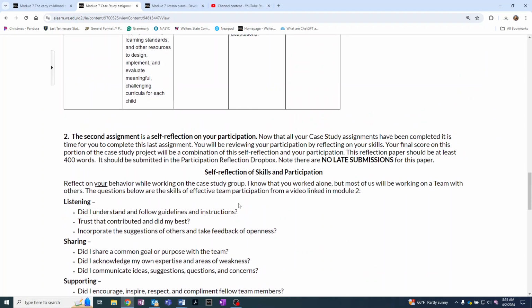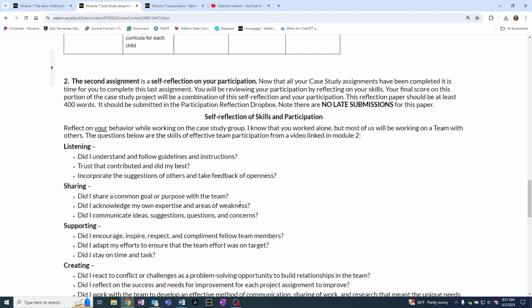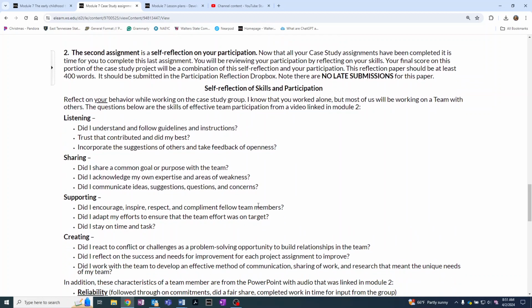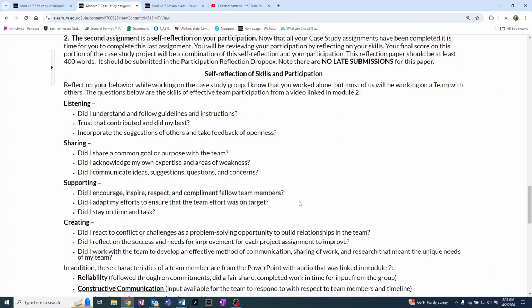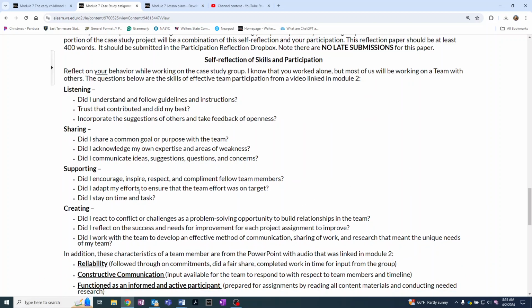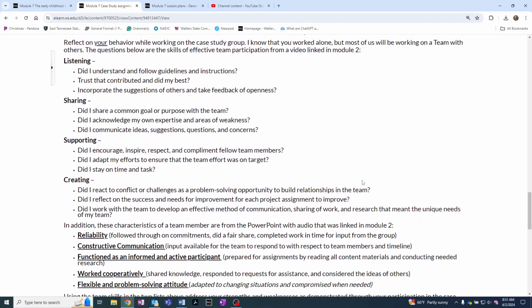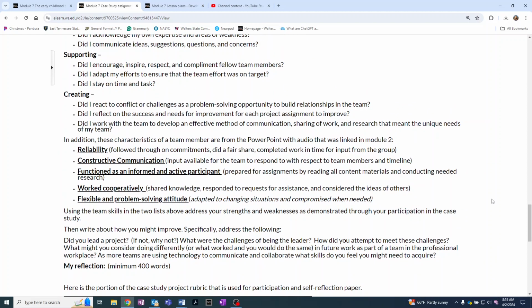Okay. The second part is going to be your reflection, right? So, reflection is really looking at your whole case study group, especially this one too, and thinking about these topics here: listening, sharing, supporting, creating. Now, remember, even though you worked on this case study project alone, many times you're going to have a team.